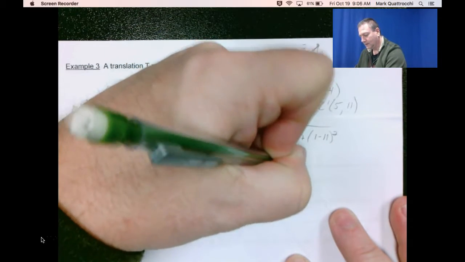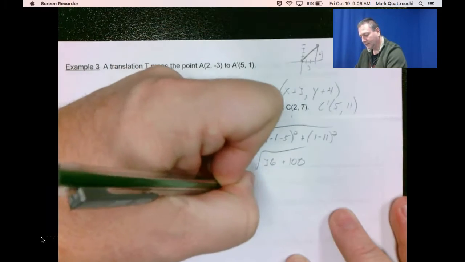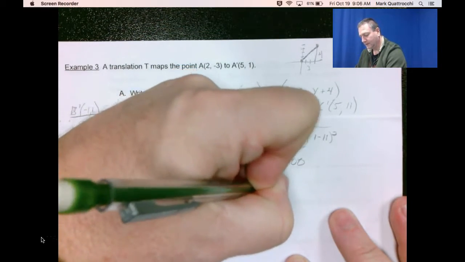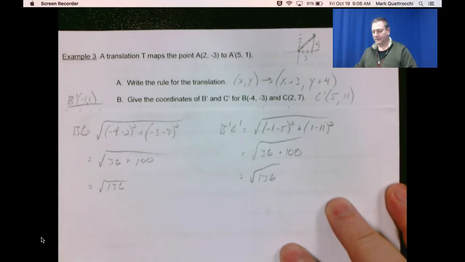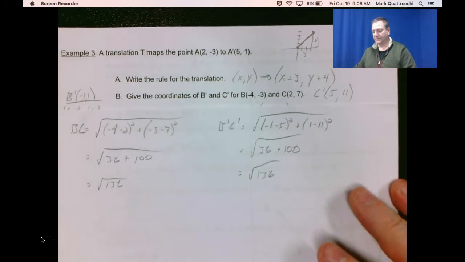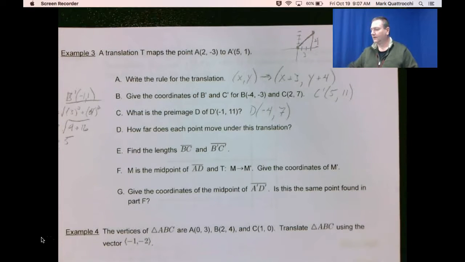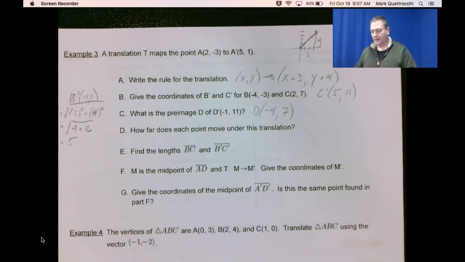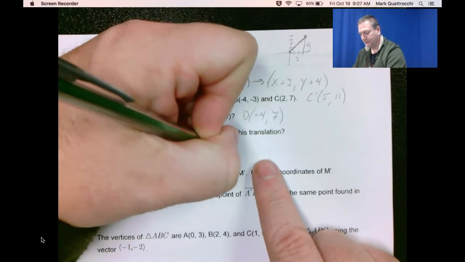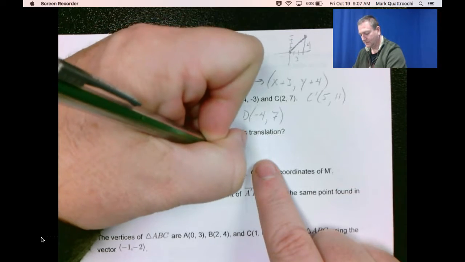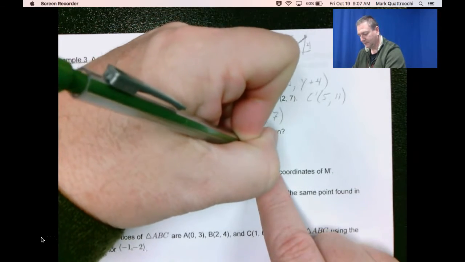Negative 10 squared, 100. And we're back to square root of 136. And this is because translations maintain length. It's an isometric transformation, or a rigid motion in our book. Okay, so this square root of 136, square root of 136.